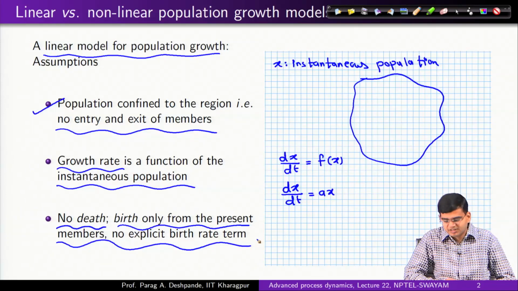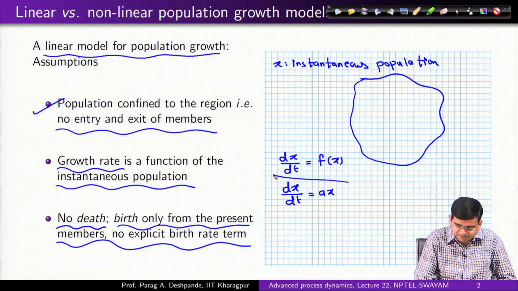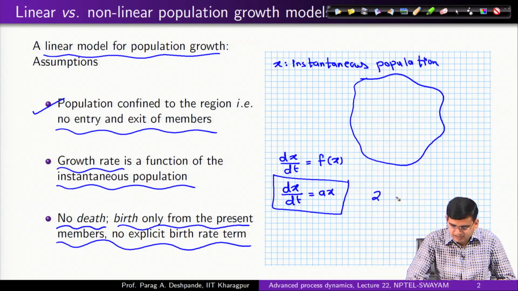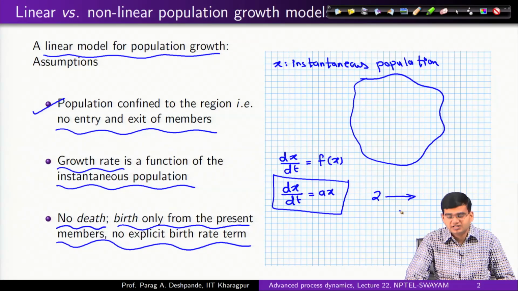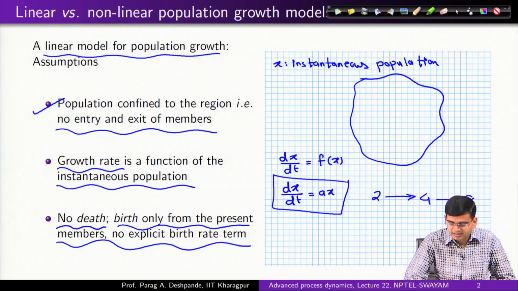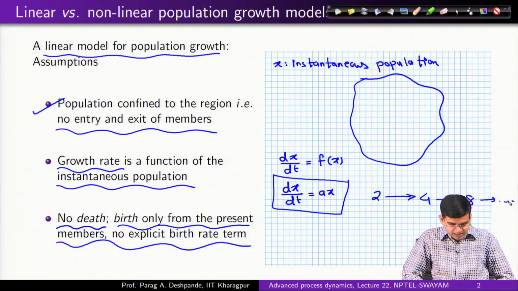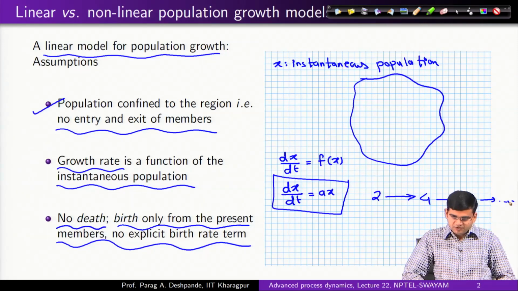For example, if I have 2 bacteria, then by binary fission they would become 4, by 4 they would become 8, and so on. So, this is basically the mechanism of population growth. If this is the case, let us see what happens.